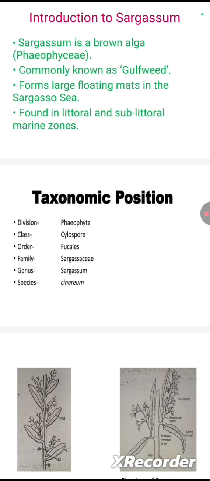Its taxonomic position: division Phaeophyta, class Cyclosporeae, order Fucales, family Sargassaceae, genus Sargassum, and it has many species.